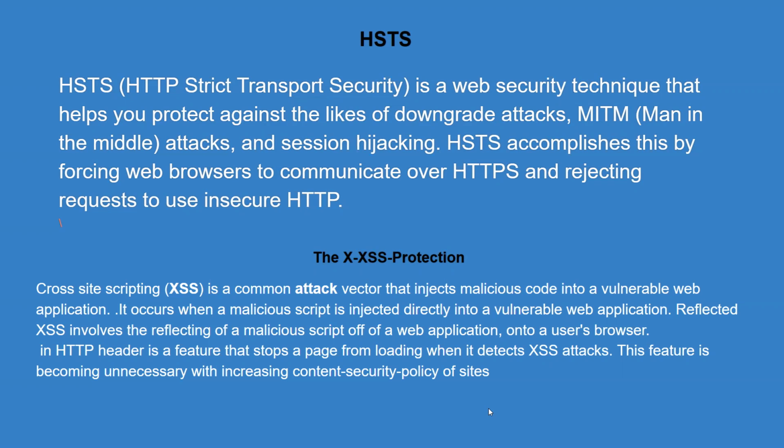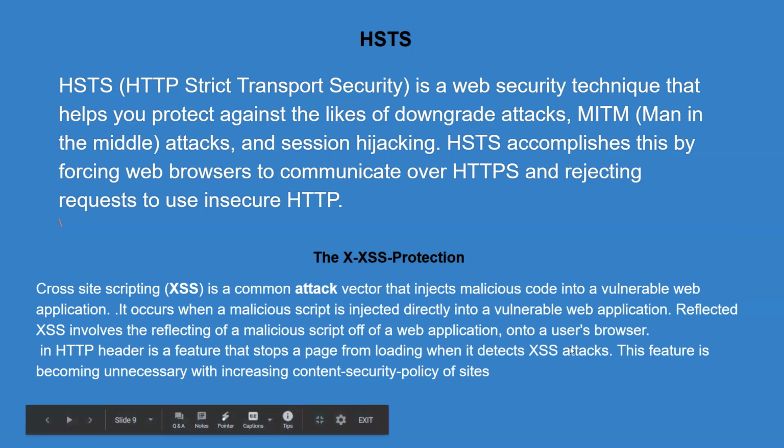Reflected cross-site scripting involves the reflection of a malicious script from a web application into a user's browser. The HTTP header is a feature that stops a page from loading when it detects cross-site scripting attacks. The feature is becoming unnecessary with increasing content security policies of sites.